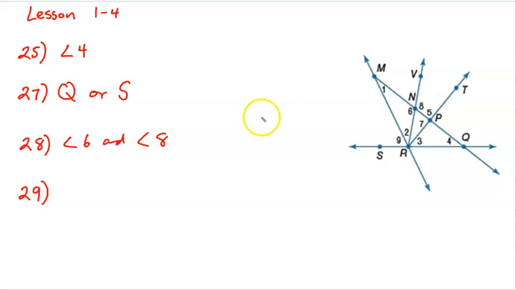Okay, number 29, name a pair of angles that share more than 1 point. So this would be sharing a side. For example, MPR, let's highlight this. Here's angle MPR, and it shares the side with PRQ.